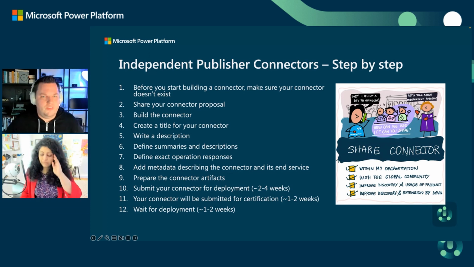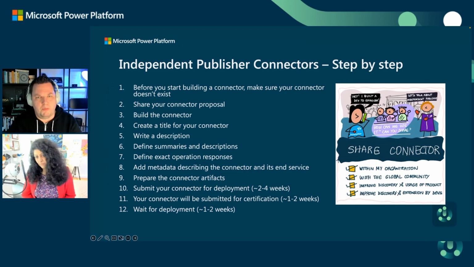Got it. So let's go step by step through the whole way of creating an independent publisher connector. Before you start building a connector, make sure your connector doesn't exist, because we don't want two people to both create a connector and then one gets accepted while the other one already exists.